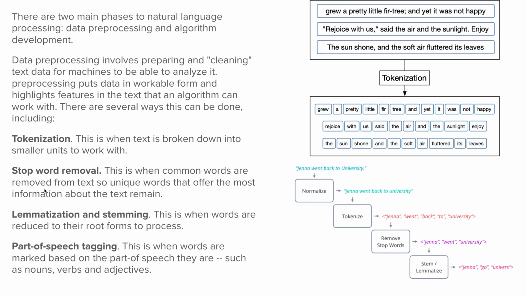Then the second aspect of data pre-processing is called stop word removal. Stop words are common words that appear very frequently. So and, of, the, in, on. These are all stop words, maybe unnecessary words that do not contribute to the meaning of a text.